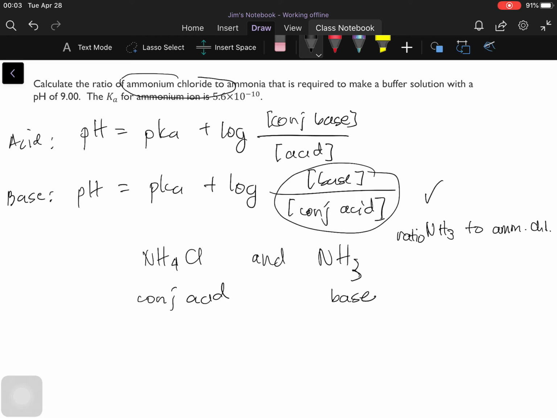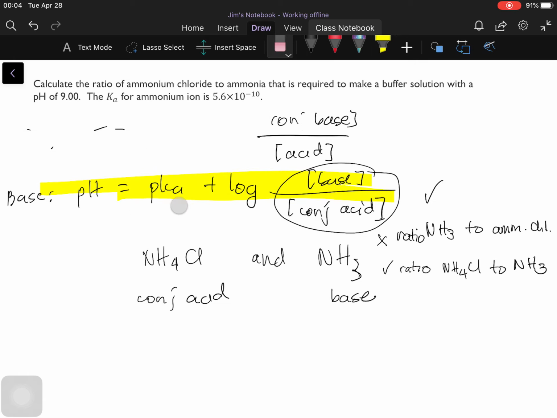We are asked to solve for the ratio of the ammonium chloride to ammonia. Okay, so that means after solving the problem, we're just going to get the reciprocal of our answer. Okay, so that's what we should take note. So anyway, let's solve the problem using this equation.